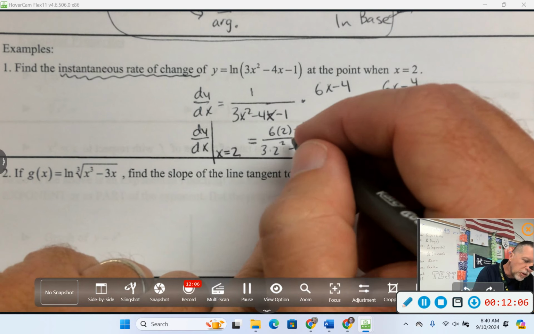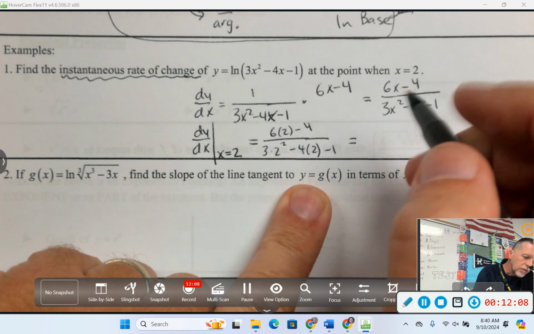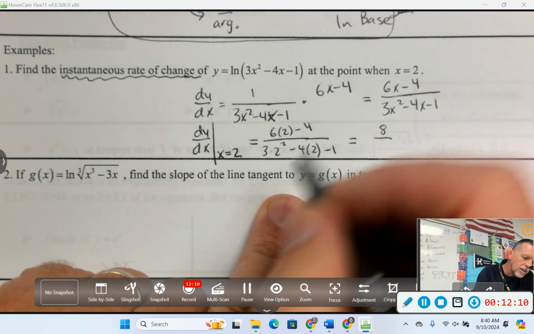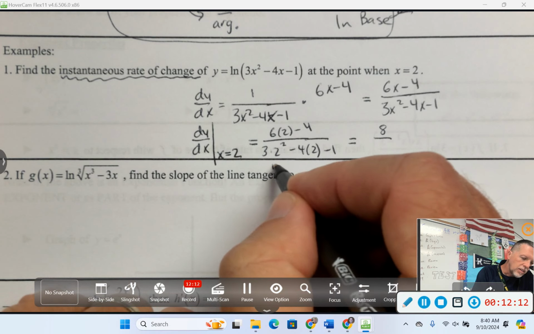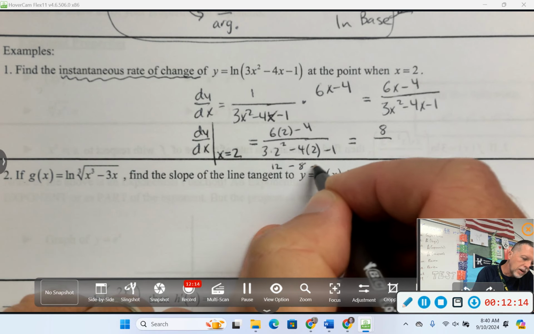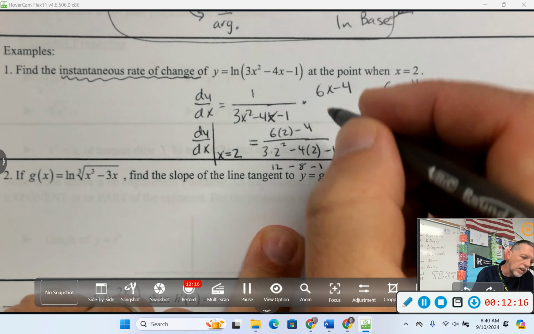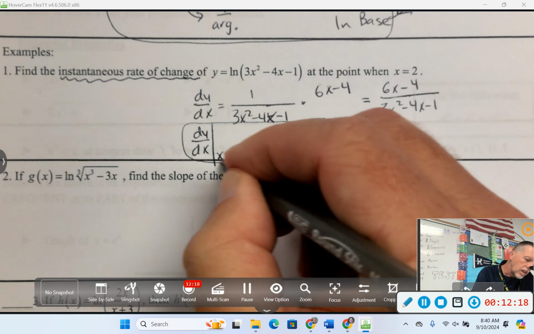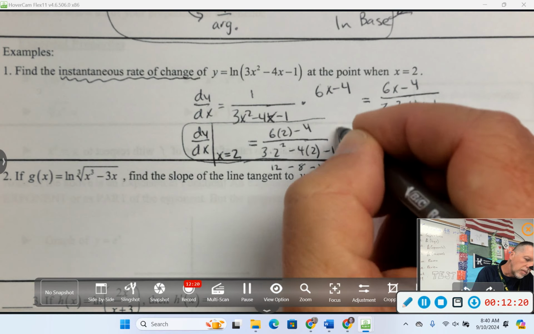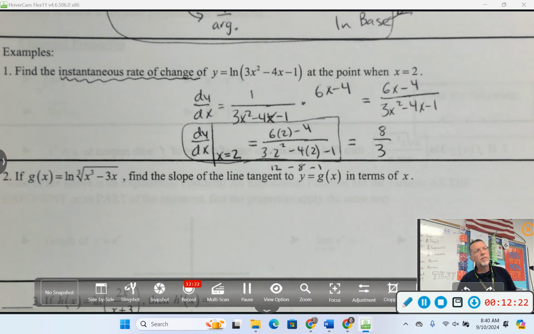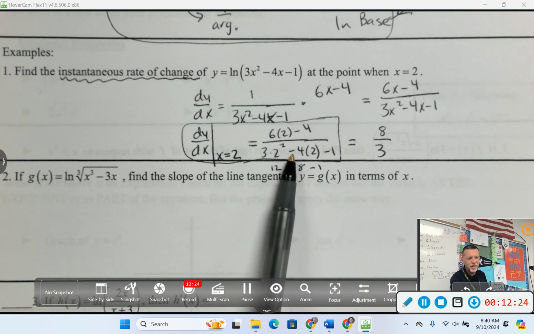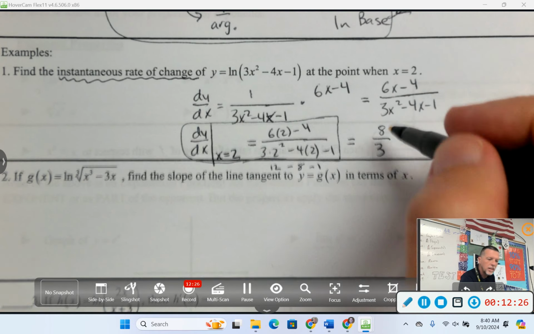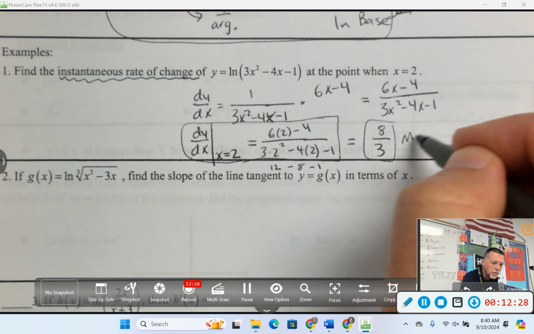But multiple choice is going to clean that up. 12 minus 4 is 8. Let's see, 12 minus 8 minus 1 is 3. So, left up to my own devices, I leave it as a safe stop, but for a multiple choice answer, I better be able to simplify.